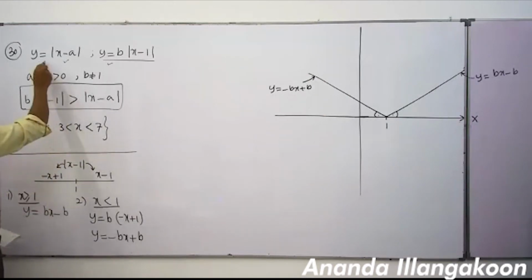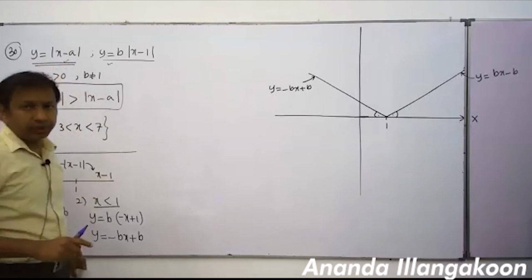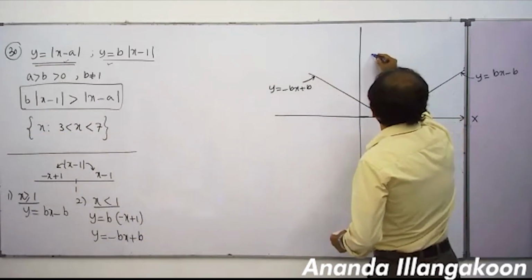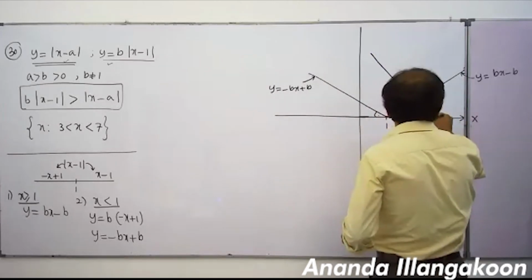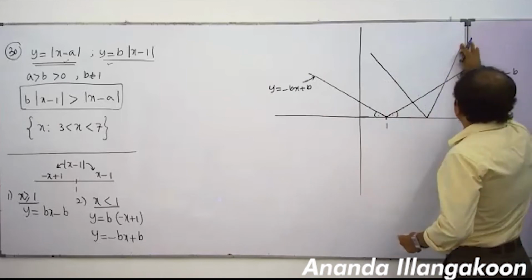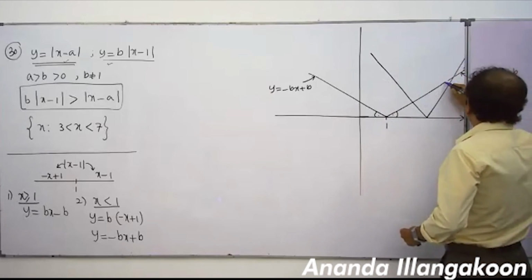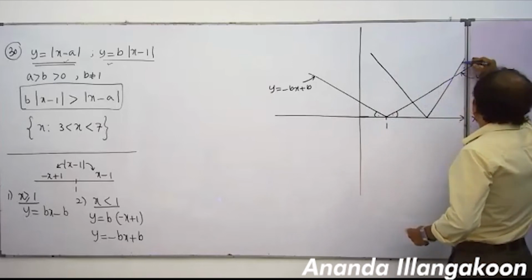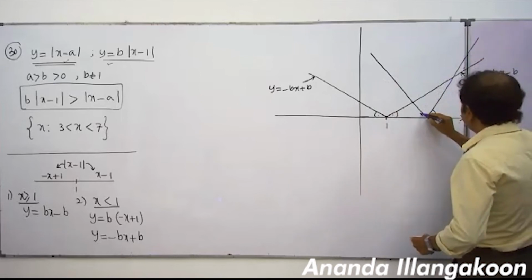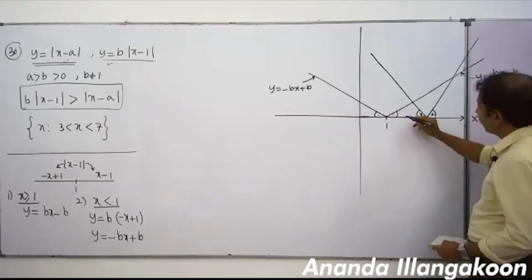The other one, this one you can draw shifting mod x graph to right. Then it's like this one. Should be like this. This angle and this angle are equal, but this time this angle with the cross sign is greater than this angle with the dot sign.